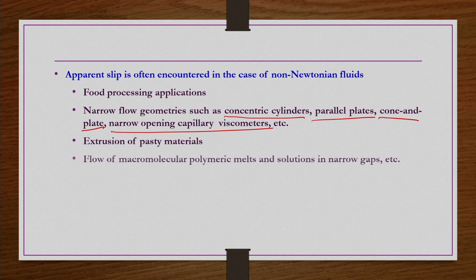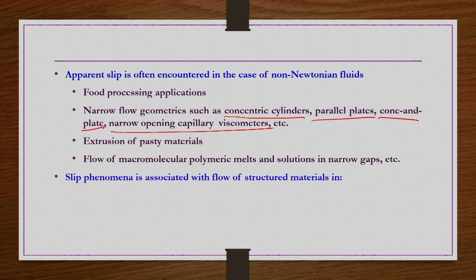Another application where we can find apparent slip in the case of non-Newtonian fluids is extrusion of pasty materials, polymeric solutions, etc., then flow of macromolecular polymeric melts and solutions in narrow gaps, and so on. Further, in the case of structured materials as well, slip phenomena may occur. An example is porous media.